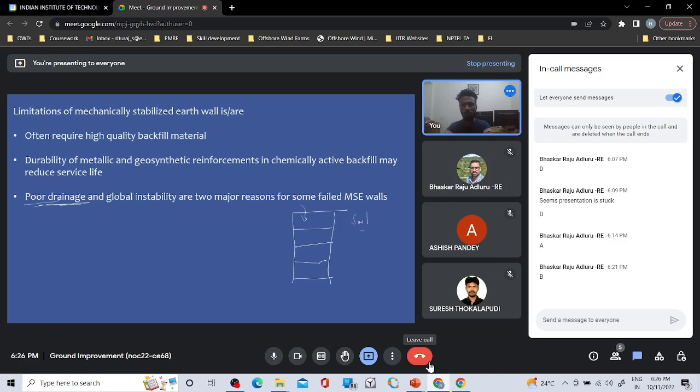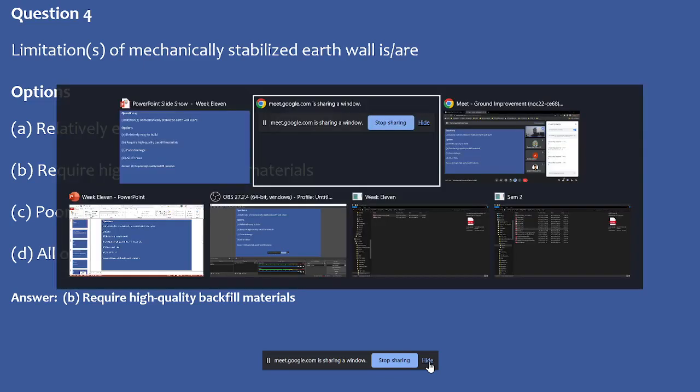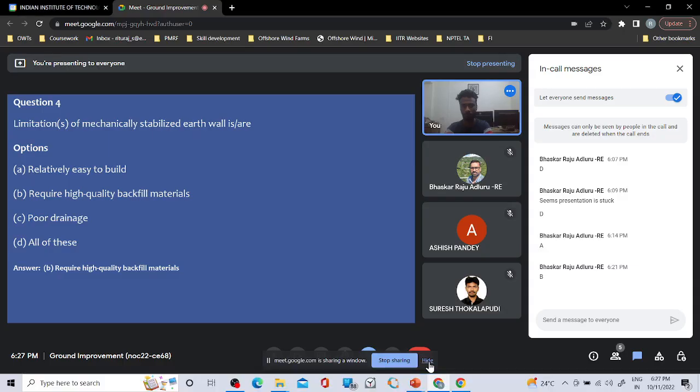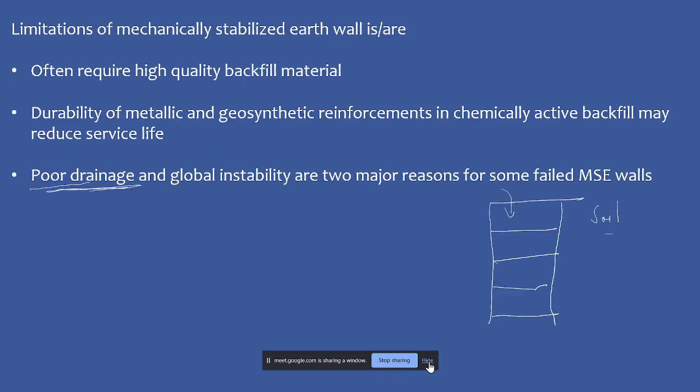But if you see the pattern of the questions, if you had selected it, the relatively easy to build option would also come, which shouldn't be a limitation, it's an advantage. So if you go by the question and answer round, you need to select the most appropriate option. So that is option B. Let's move to the next question then.